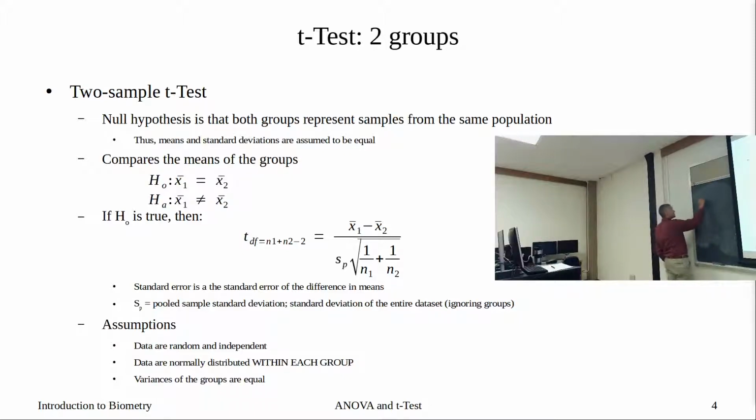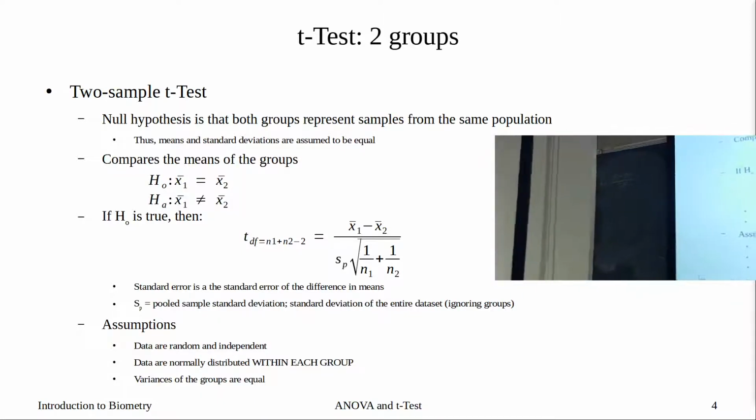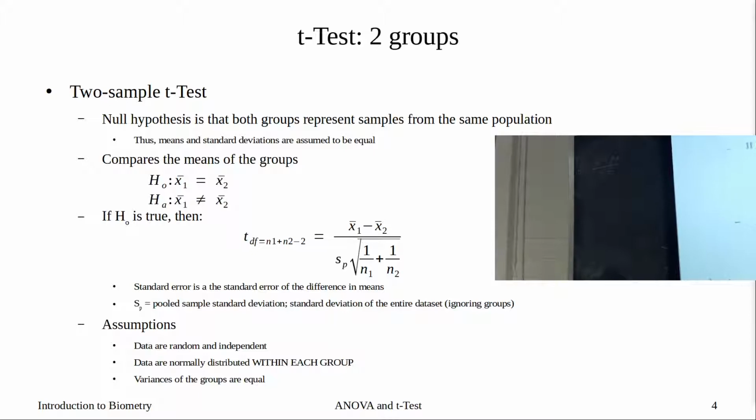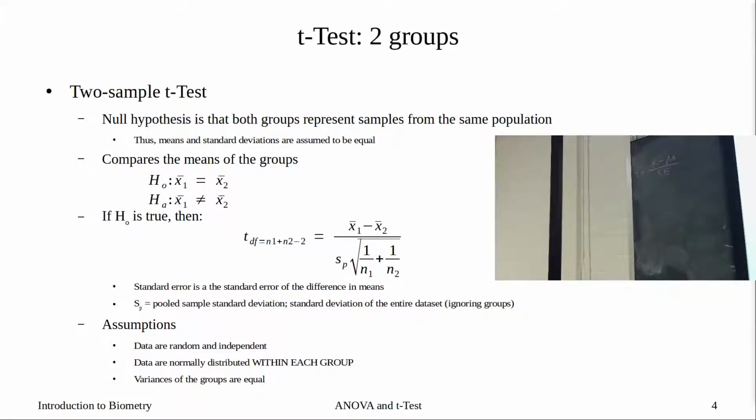Our regular t observed, if you remember, was x minus mu over our standard error. We did that for the homework whose key just went live.